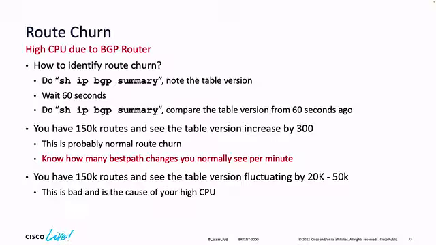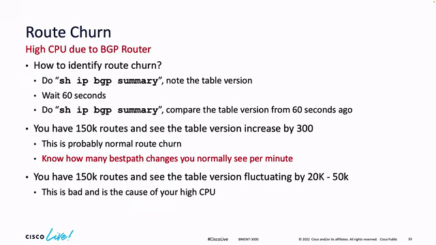But if you notice that the table version number increased by 20K, 30K in terms of value, there's some real fluctuation happening. This indicates some form of instability in the network, and that means we need to look into this. And if you keep noticing that the table version keeps incrementing and it's not stabilizing, that means my BGP is continuously reconverging.